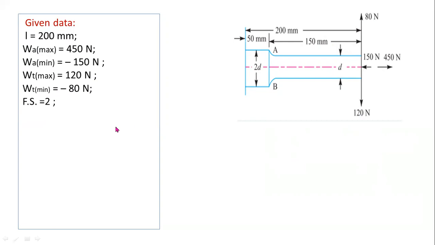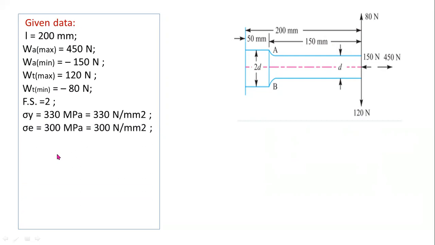And Fs, factor of safety, equal to 2, and yield stress equal to 330 megapascal. Endurance limit equal to 300 megapascal. Axial load factor, correction factors are given. Correction factors or load factors. So for axial loads, Ka equal to 0.7, and bending loads Kb equal to 1.